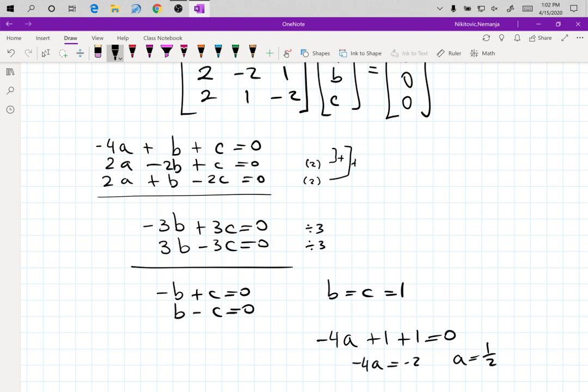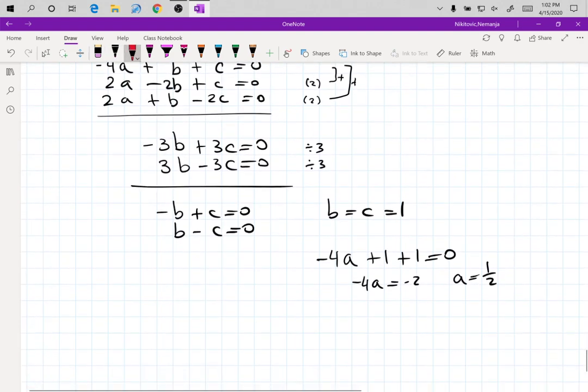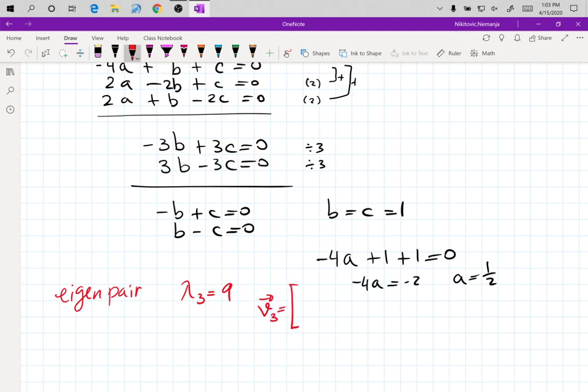A is a half. So another eigenpair: lambda 3 is 9, and a corresponding eigenvector v3 is 1/2, 1, 1.